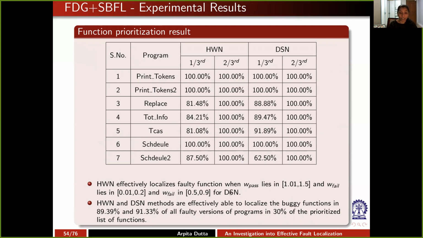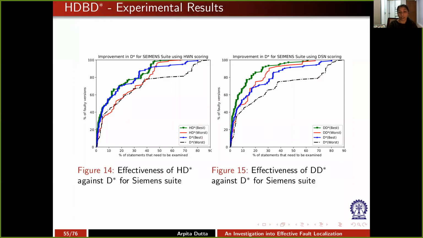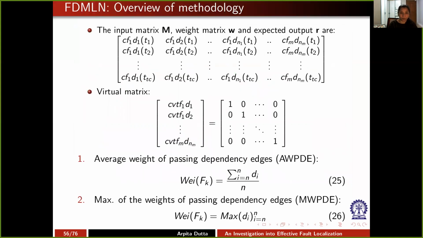And for W fail in DSN, we have taken this range, and we can observe that our methods are effectively able to localize a buggy function in 89.39% and 91.33% of faulty versions of programs within 30% of the prioritized list of functions. So these are the comparisons with related work, where we can see that HW and D star and DS and D star are performing better than D star for the Siemens programs.